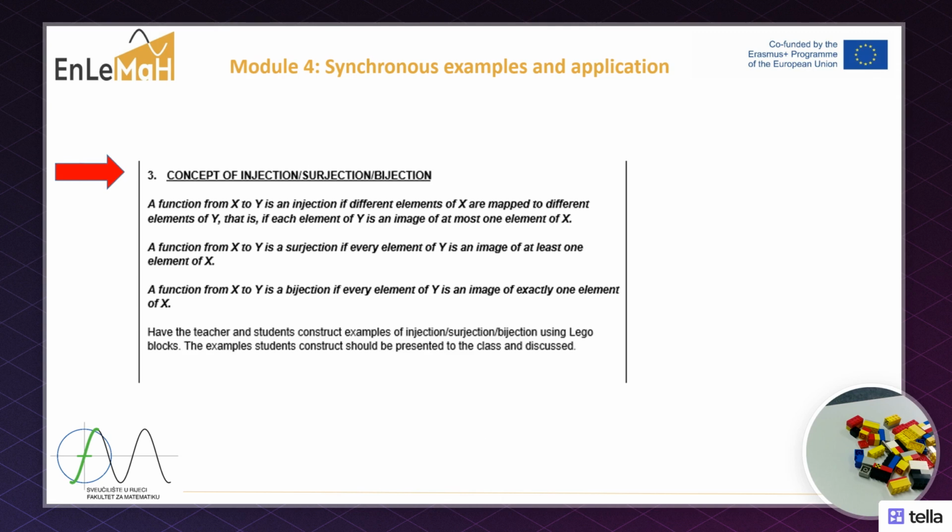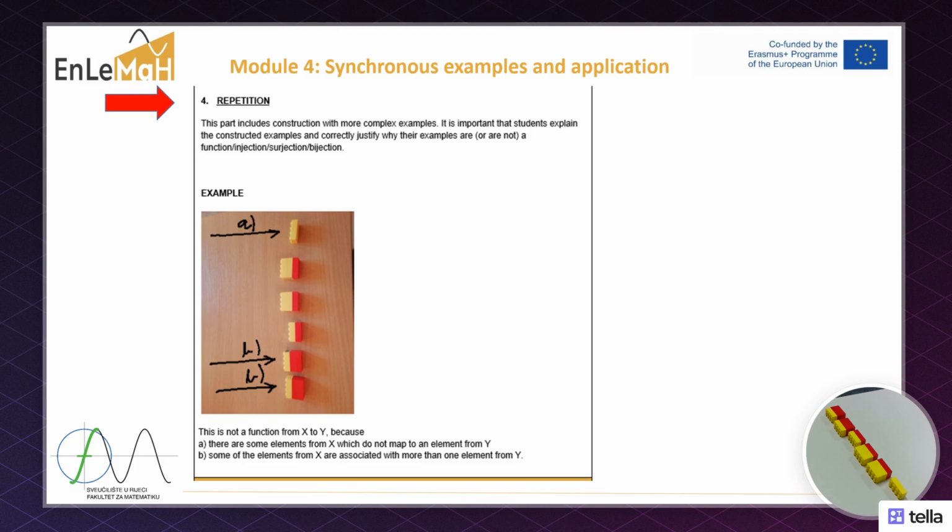In the third part of our activity, we introduce the concepts of injection, surjection, bijection. Similarly to the previous example, we use Lego blocks to model and demonstrate those situations. The last part of our activity is repetition. This part includes construction with more complex examples.